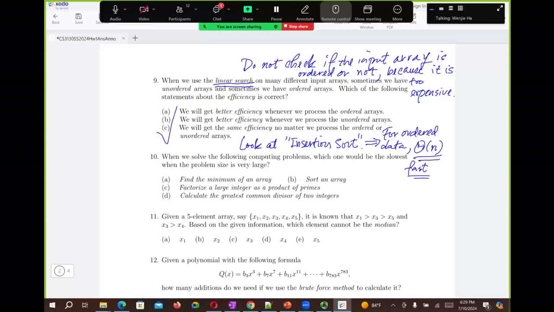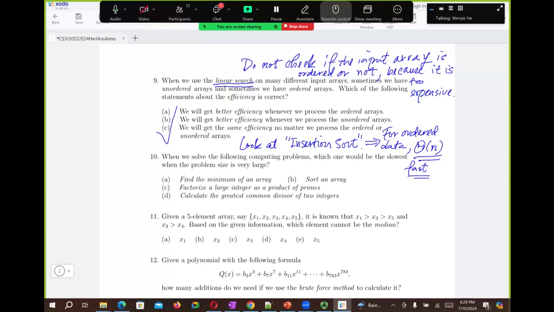But our linear search does not have this property. The linear search does not pick up the ordered property automatically. It is blind, so it cannot see anything. Its internal mechanism does not take advantage of the ordered property, but the insertion sort's internal mechanism would pick it up automatically.